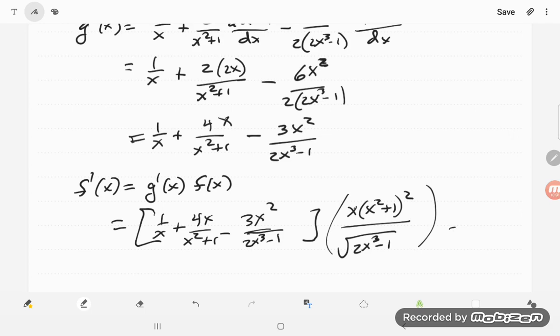This thing right here is my derivative of f. In some ways there was quite a bit of work to do here, but all in all, I think it's a whole lot easier than dealing with a product rule and a quotient rule and then some chain rules in the mix.